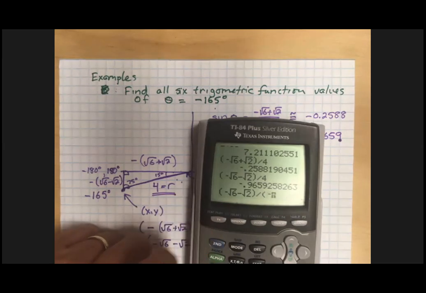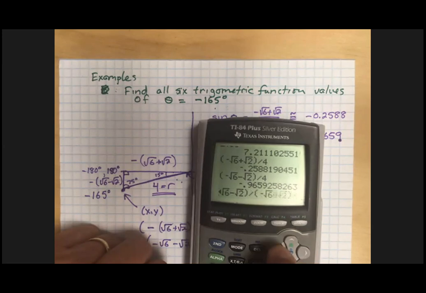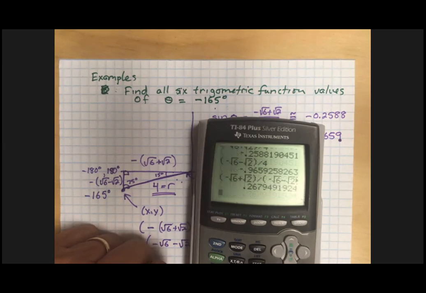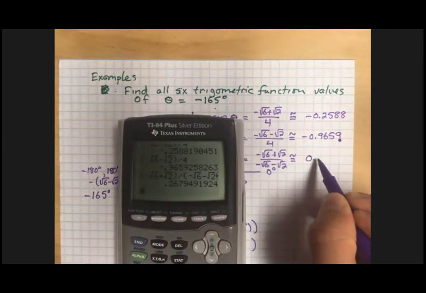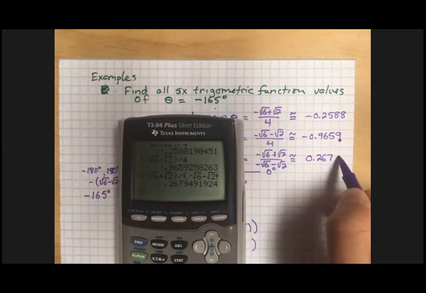Minus square root of 6 minus square root of 2. Get a parentheses in there. But go back and make this numerator part positive. Okay, it'll show me what I wrote. Plus sign on top, minus sign there. And it says 0.2679.